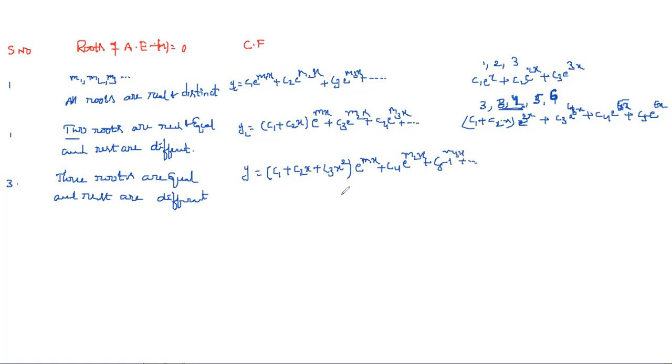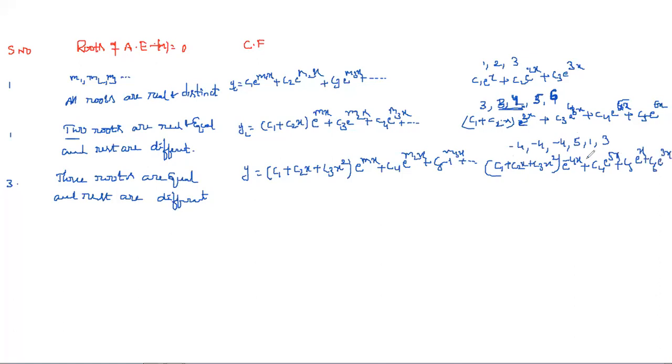If three roots are equal, suppose the roots are -4, -4, -4 and 5, 1, 3. Then the complementary function is (C1 + C2 x + C3 x²) e^(-4x), since it is repeated 3 times, plus the remaining distinct ones: C4 e^(5x) plus C5 e^(x) plus C6 e^(3x).